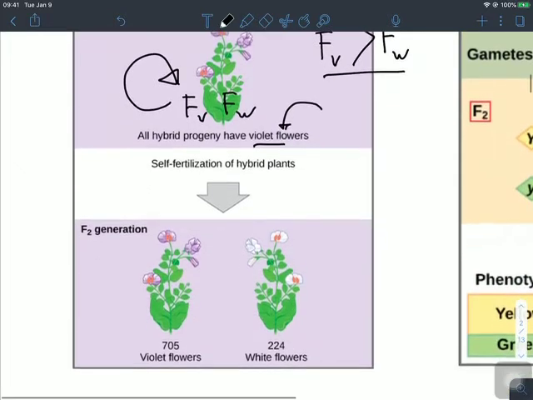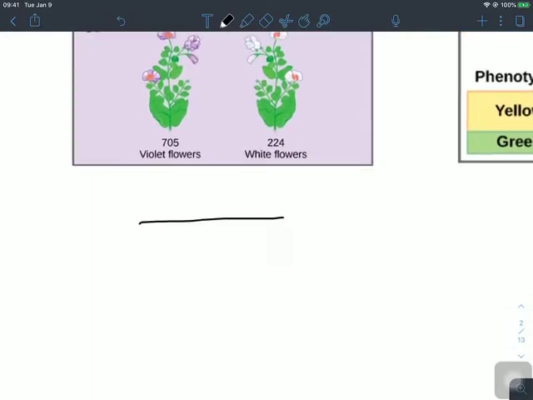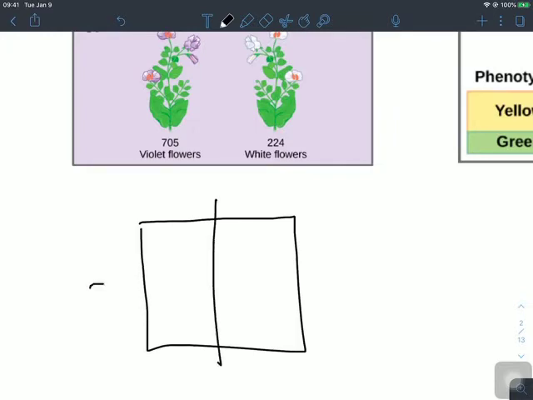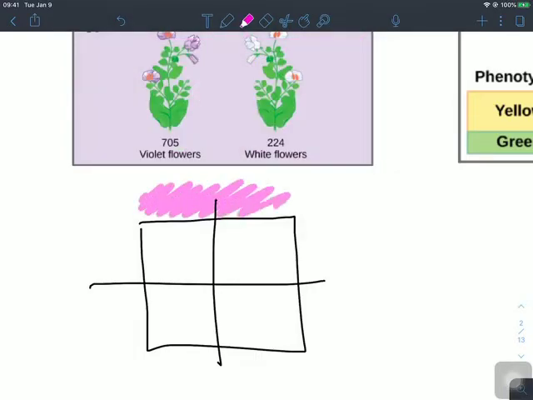Well, now you know that there are two different possible alleles. In order to illustrate how this works, the best way to do so is with a Punnett square. In a Punnett square, one axis is the side for your maternal alleles.